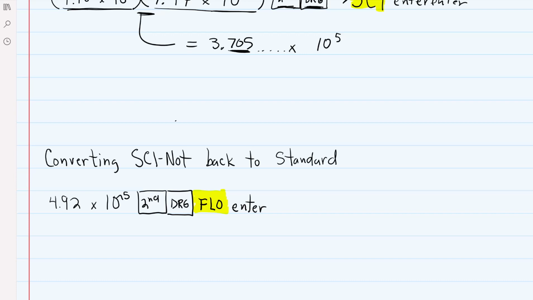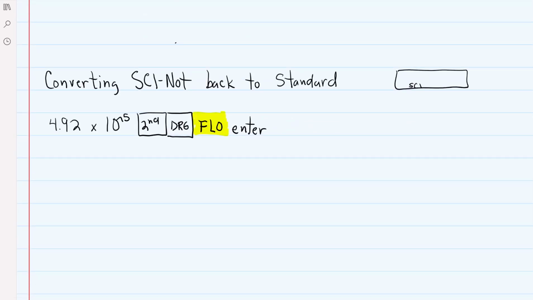Okay, now if you want to convert back to standard, you'll know that your calculator is in scientific notation if you look up at the screen, somewhere on the screen in little letters will be SCI, meaning that's the form that it is in. So if it's already in that form, you type in 4.92 times 10 caret 5, and then hit second DRG and arrow back to where it says FLO, hit enter, enter.